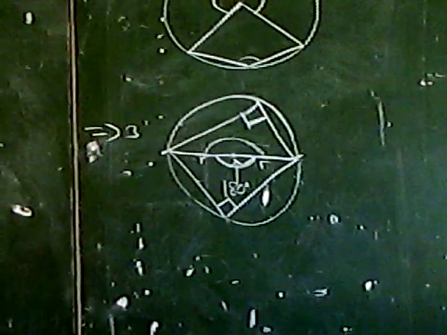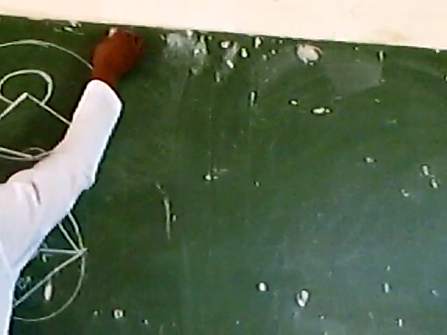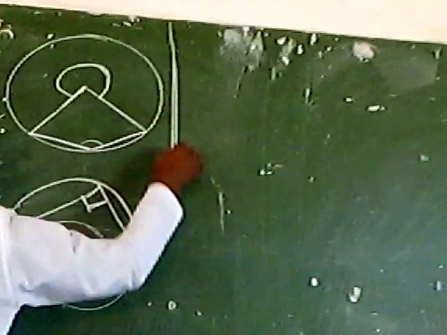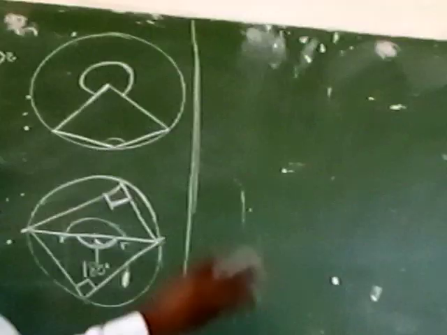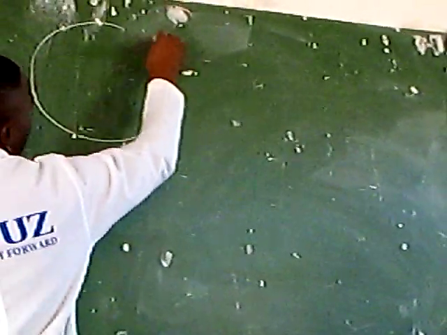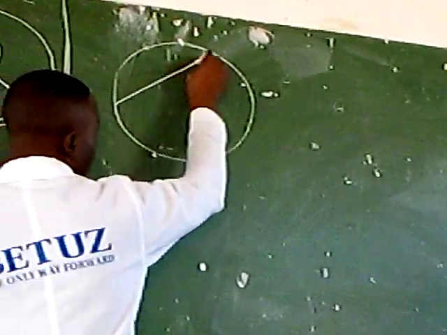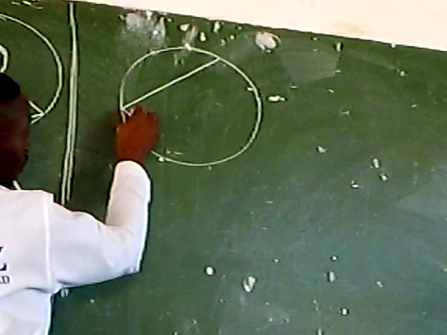We also did mention that we have other theorems. We did mention that we can have a circle like this, and in this circle we can have a 4-sided polygon referred to as a quadrilateral.